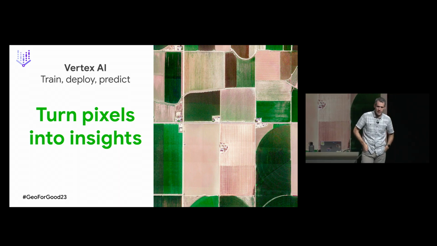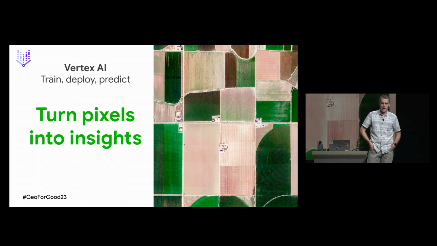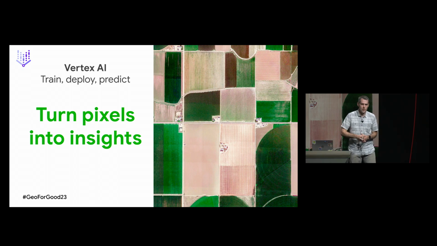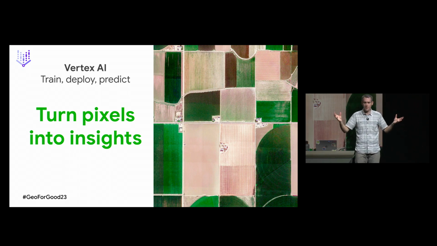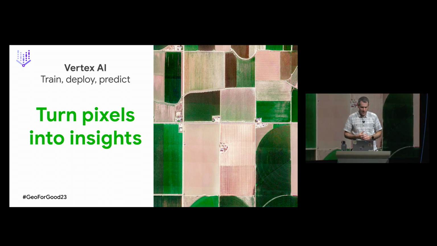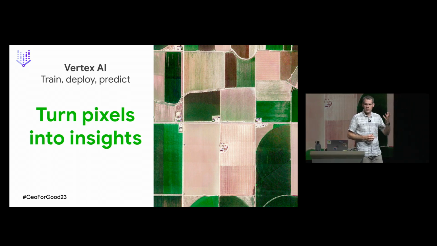I'm going to talk a little bit about Vertex AI now and what Vertex AI offers. Vertex AI is Google Cloud's umbrella solution for all things artificial intelligence. And within the context of Vertex AI, we have the ability to host models in Vertex AI and then to interact with those models in Earth Engine.